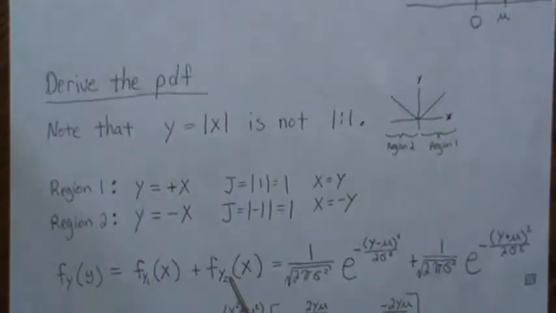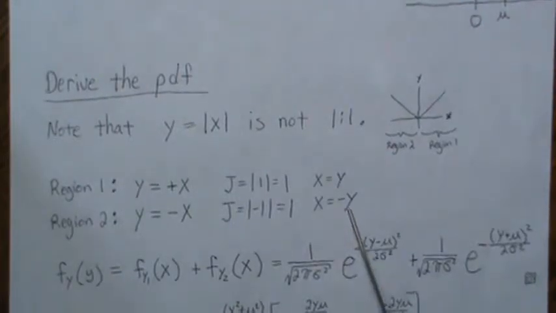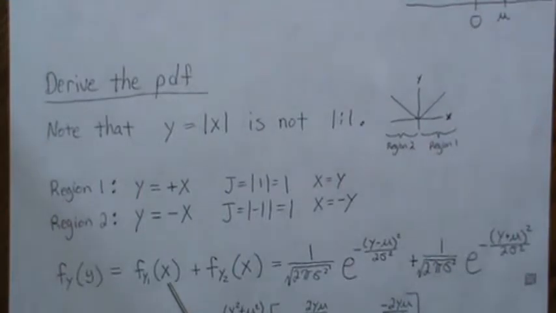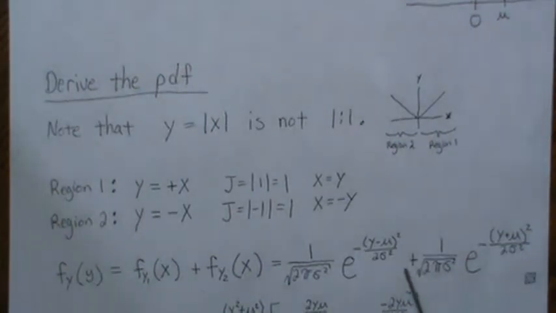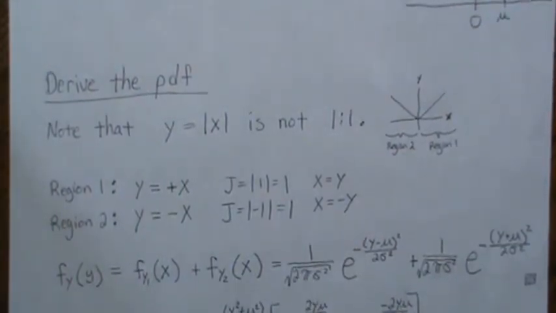It's f of x, but with x equal to minus y. And since x is a normal distribution, we plug this into our normal density, so the y goes there, otherwise it's a standard normal. And here we plug in x equal to minus y.